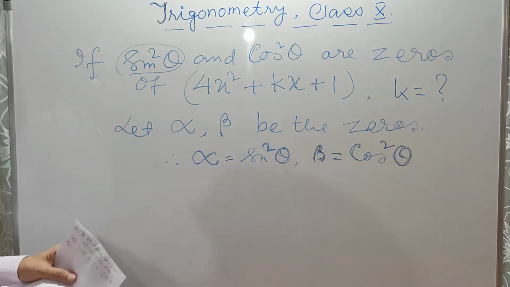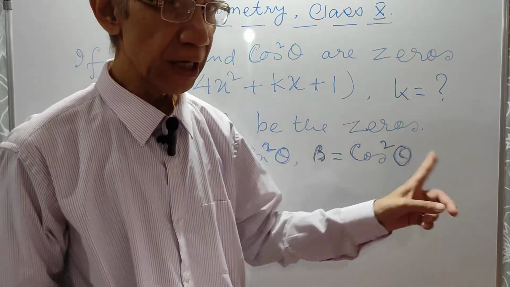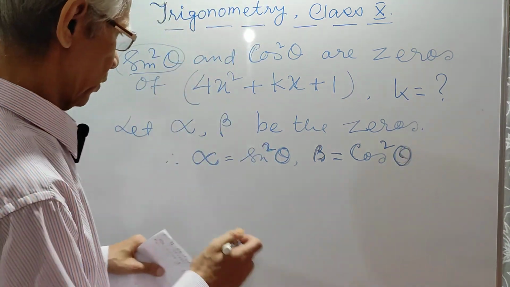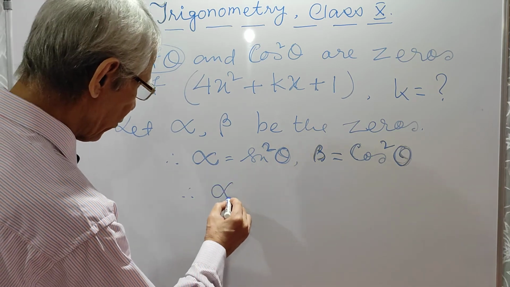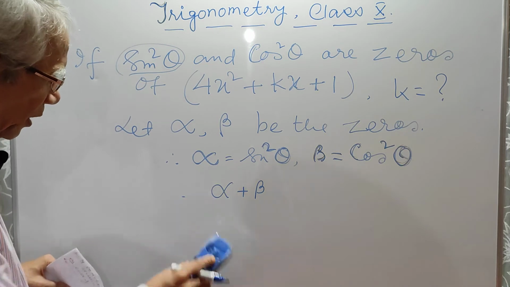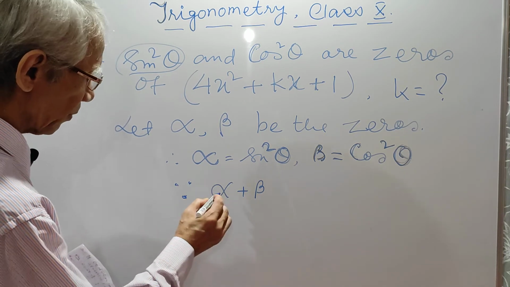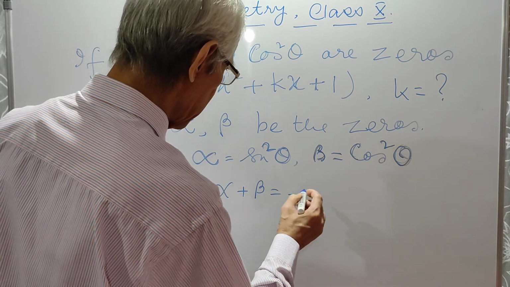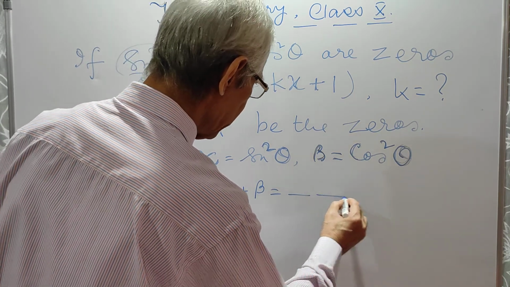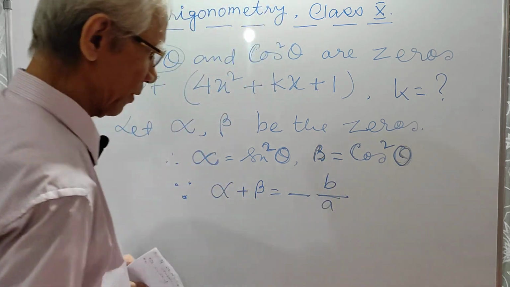Okay. Now we use that concept, the sum of the zeros. So therefore alpha plus beta. Since alpha plus beta equal to what? Minus b by a. All right.